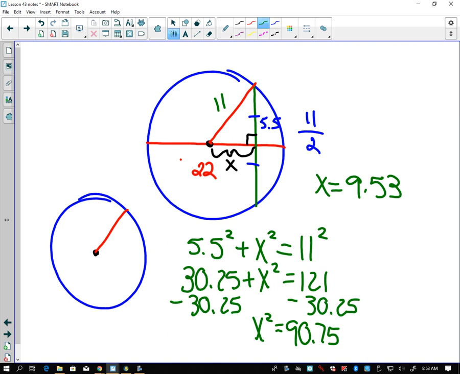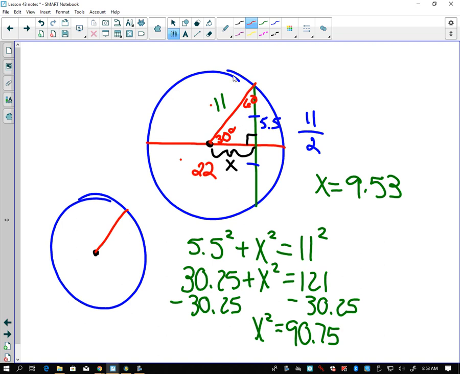Oh, I think I see how they're doing this. Because this 5.5 is half of 11, right? Okay, so this would have a relationship of 1 to 2, which would make this a 30-degree angle. This would make this 60, right? Because it has a relationship of 1 to 2. And if it has a relationship of 1 to 2, then it's going to be 1, 2, 1 radical 3.